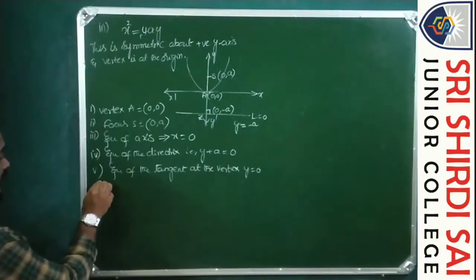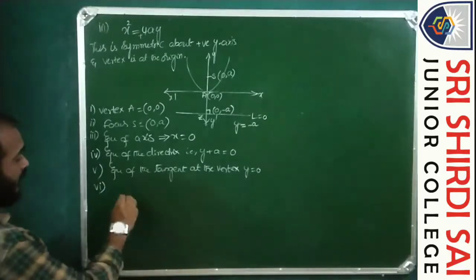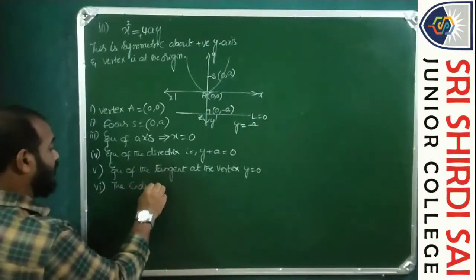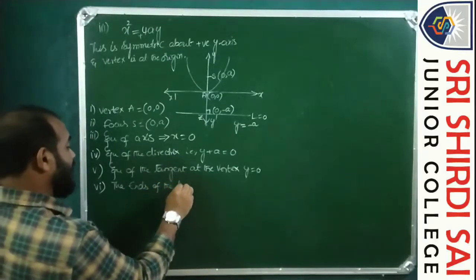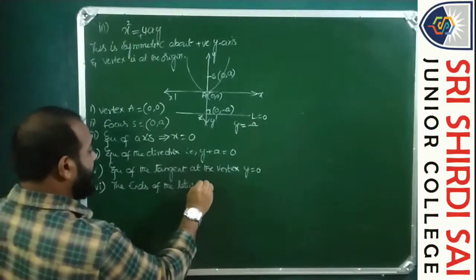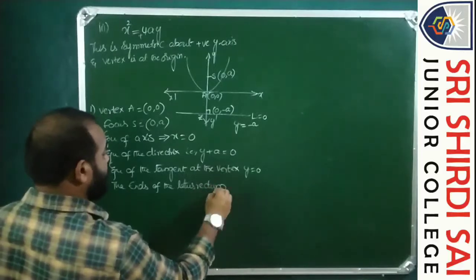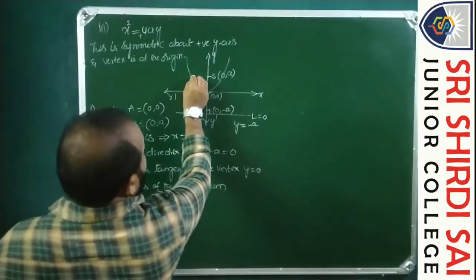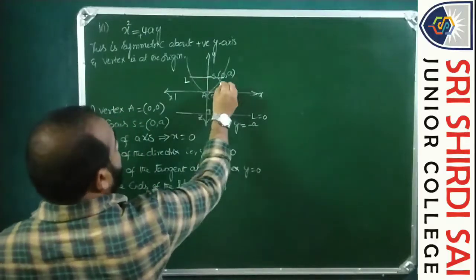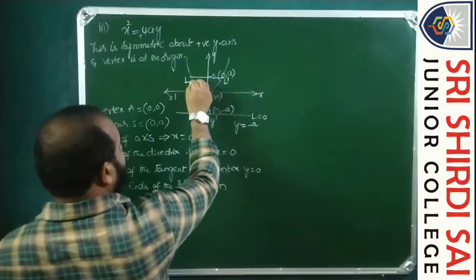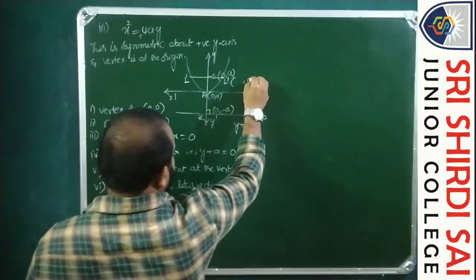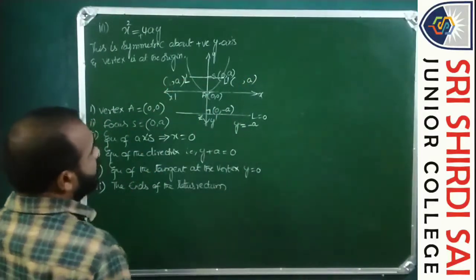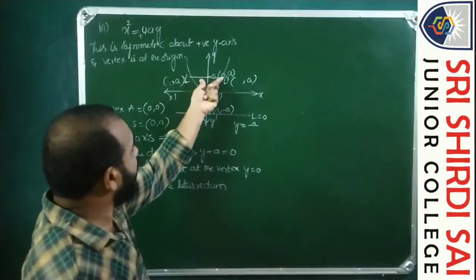And the next one is the ends of the latus rectum. This is L dash, and these are the coordinates of the ends. Here this is 2a and this is 2a.